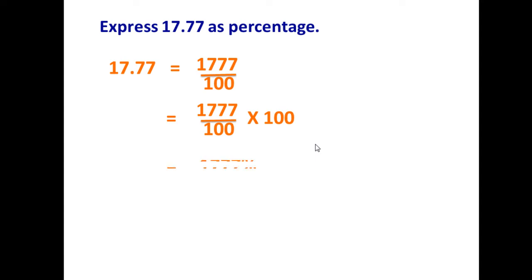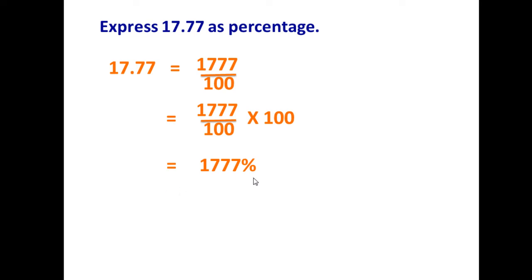Now we have an example of a decimal. In case of a decimal, the first step is to remove the decimal. So step 1 is removing the decimal. Now we need the percentage symbol. So what is the rule? We have to multiply by 100. So we multiplied it. 100 got cancelled. What do you get?